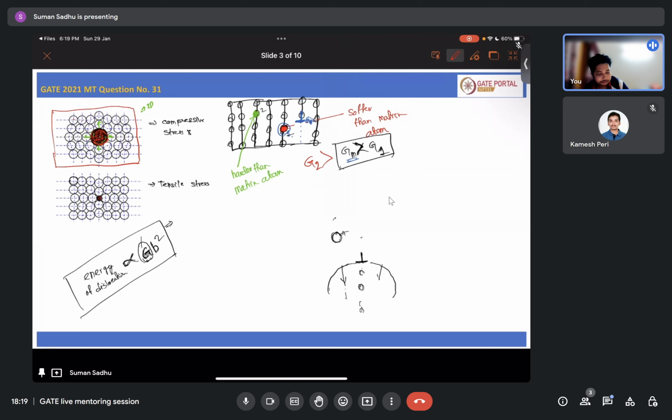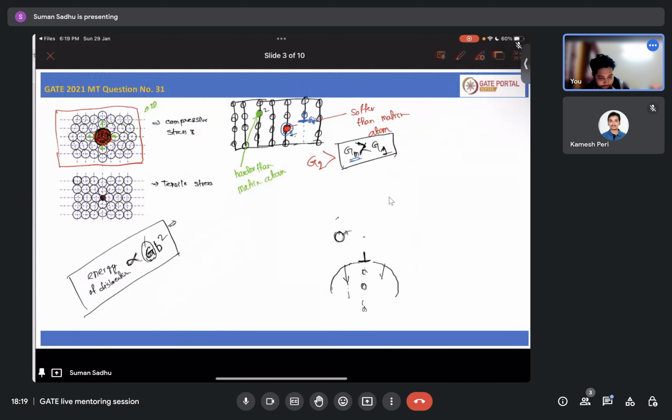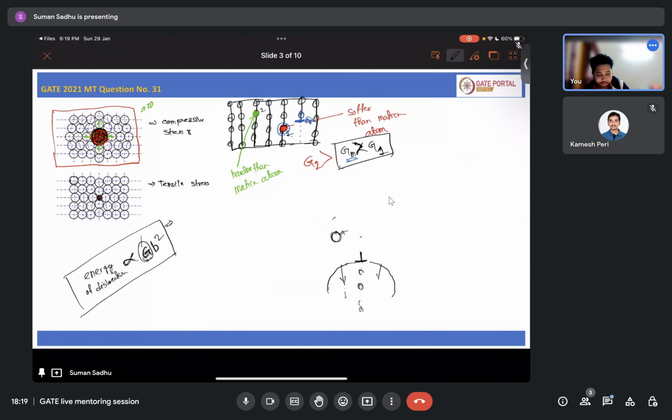Now if your dislocation moves near these points, or the atom is moving, anything is fine, what will then be the energy of the dislocation? Earlier your energy was proportional to Gm b square.